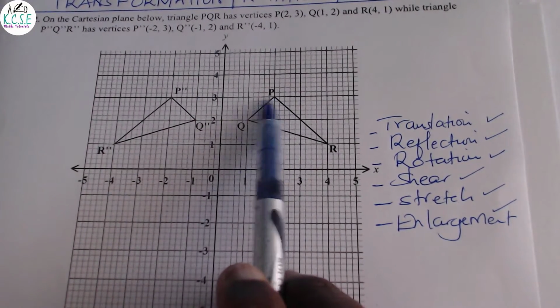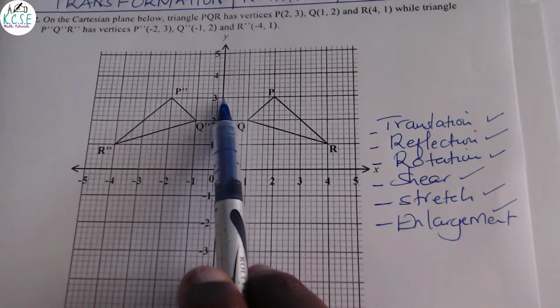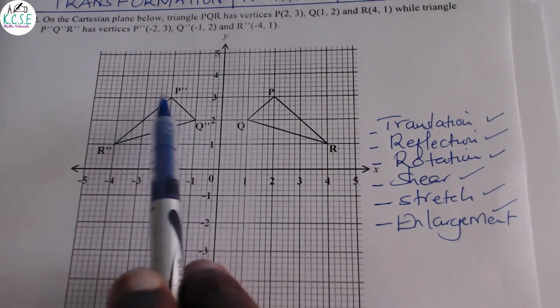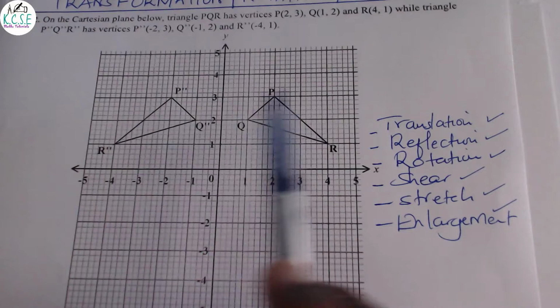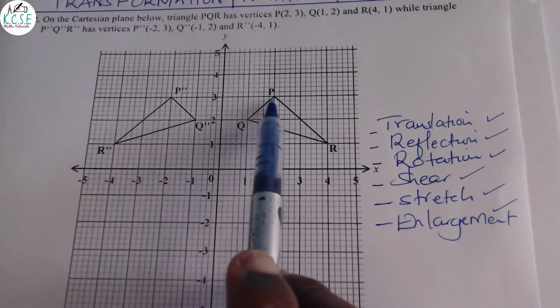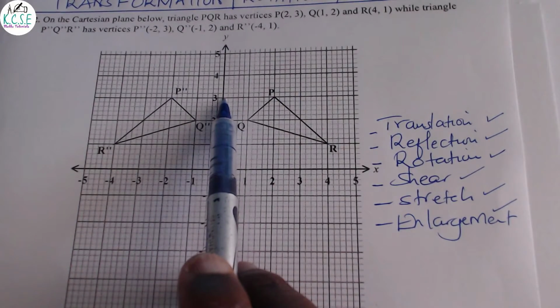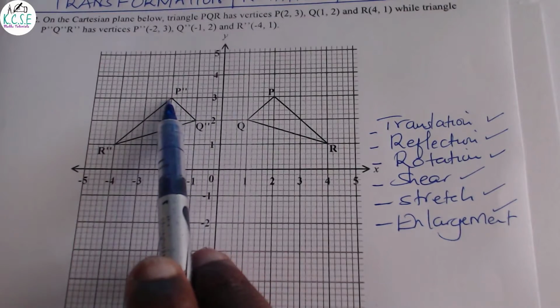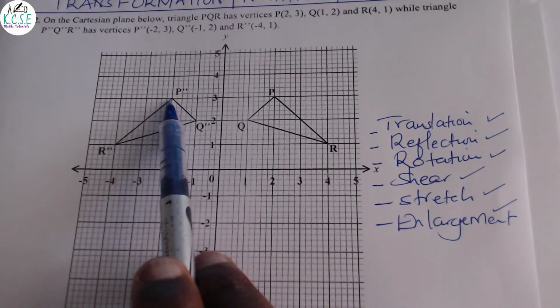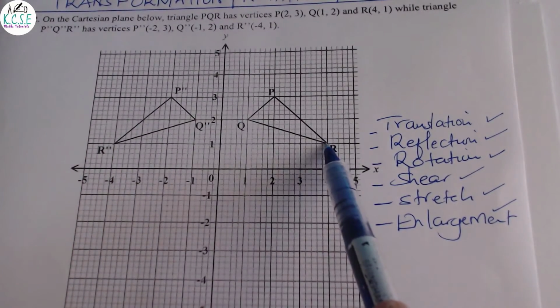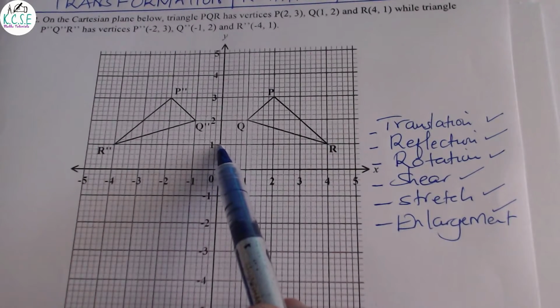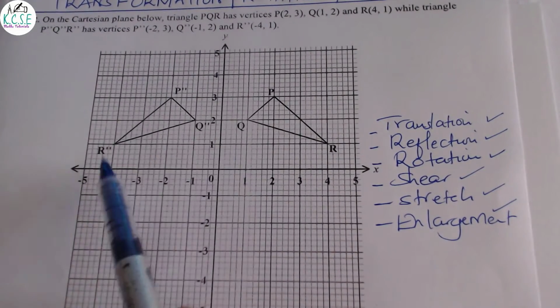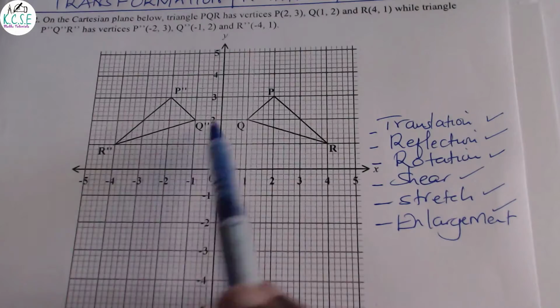I look at P to the y-axis, then from the y-axis to the image P'', that distance is the same. Look at R, its distance to the y-axis, then from the y-axis to R'', the distance is the same.